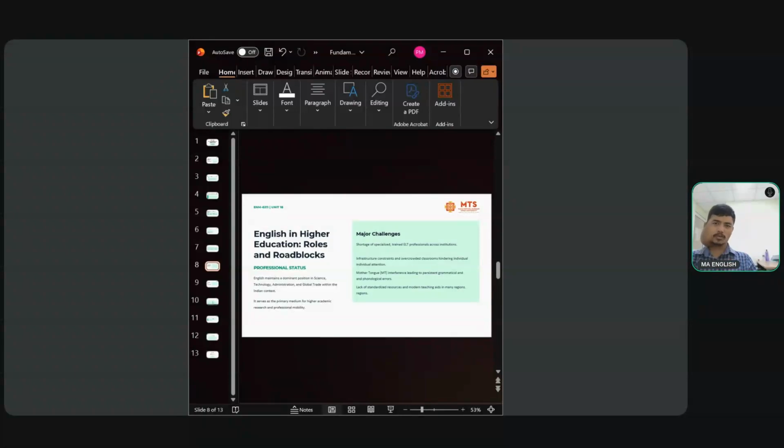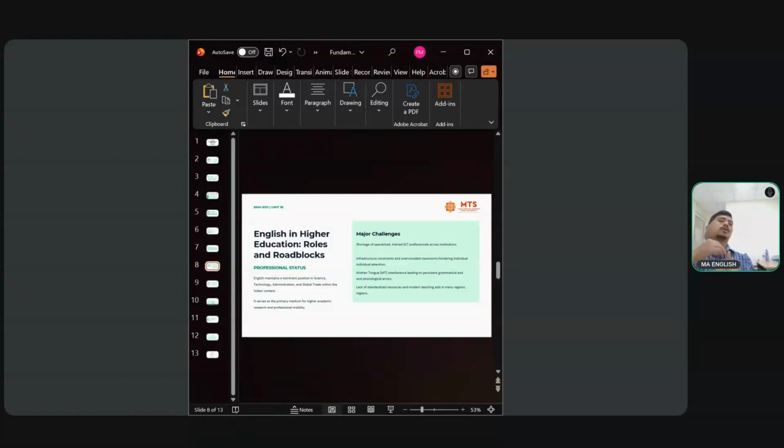And if a professional wants to advance in their career in IT, banking, government, business, English proficiency is often a non-negotiable requirement. So the role of English is not just important; it is in many ways indispensable.